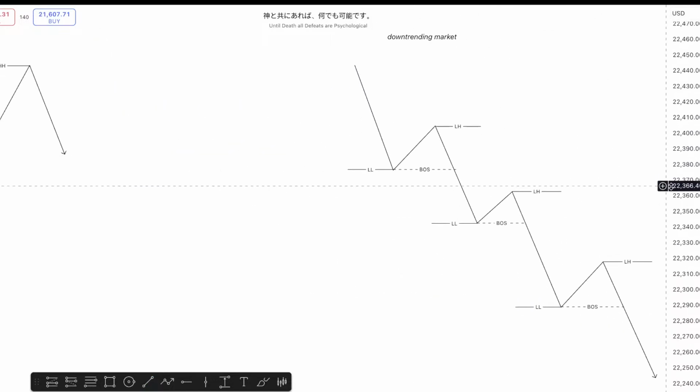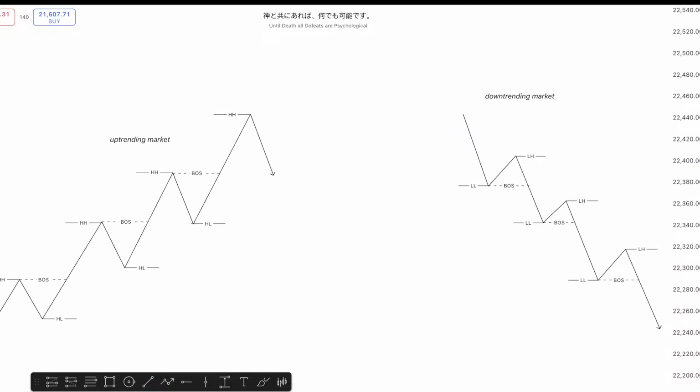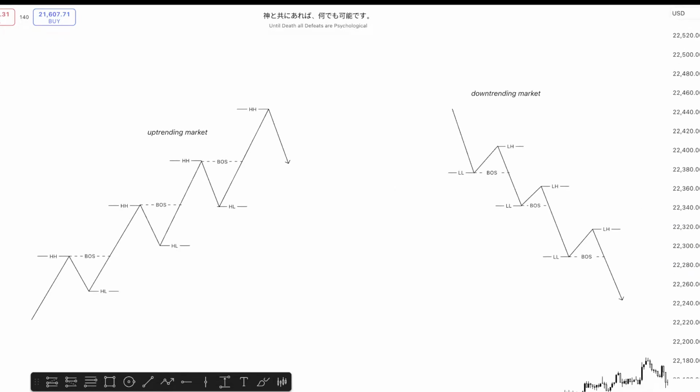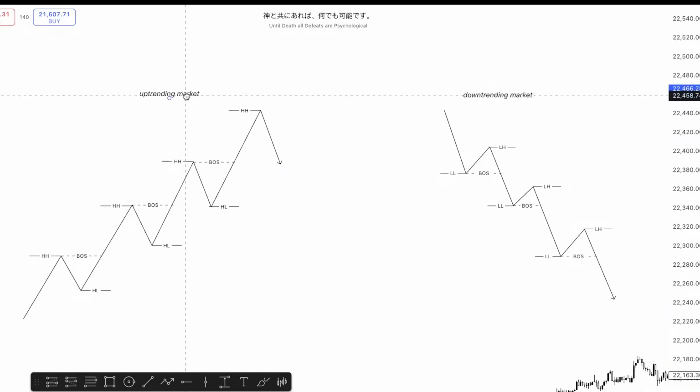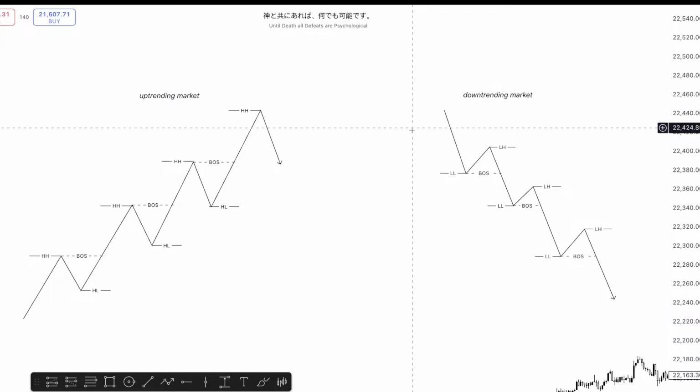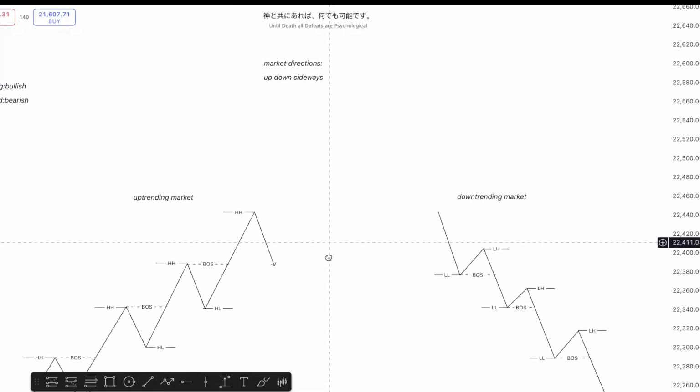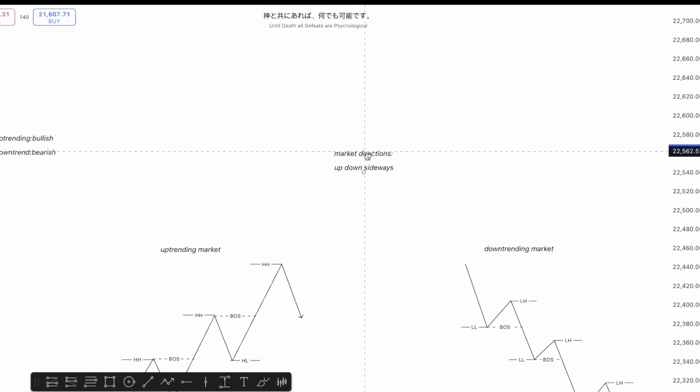All right. So that is the very, very basics of market structure. That is as basic as it gets. This is the very, very beginning. Higher highs, higher lows, breaks of structure, uptrending, downtrending, the different names for bullish, bearish, and the different directions.